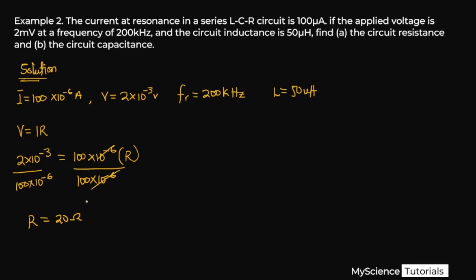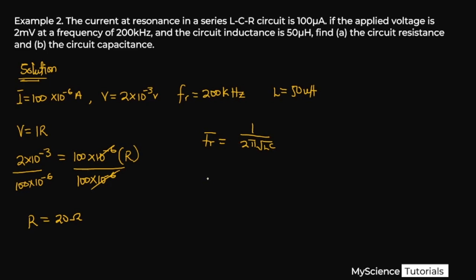Alright, so now let's go ahead and find the circuit capacitance. Now, for us to find the circuit capacitance, we know that resonant frequency Fr is equal to 1 over 2 pi the root of LC. Okay, so we need to make C the subject over here. So we need to do a little bit of change of subject.